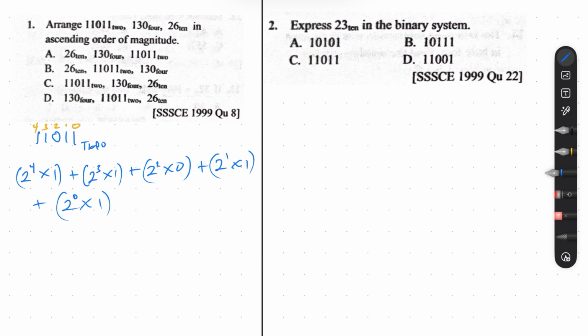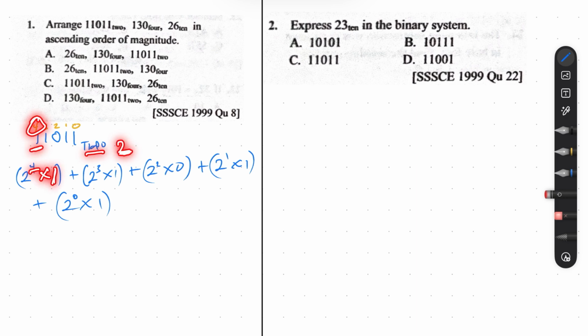Okay. So just to remind you how we get this, you take this number here, which is 2, then raise it to these powers, then multiply it by their corresponding digits. So we take 2, we raise it to the powers of the counts we have here, then we multiply that result by the corresponding digit of that count. In this case here we have 1, so 2 to the power of 4 times 1.